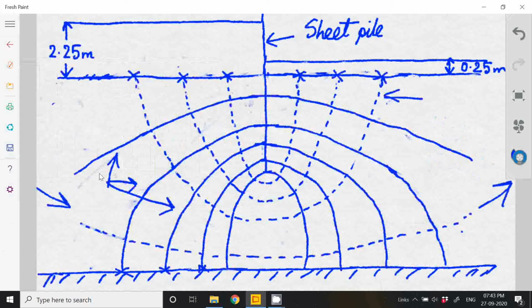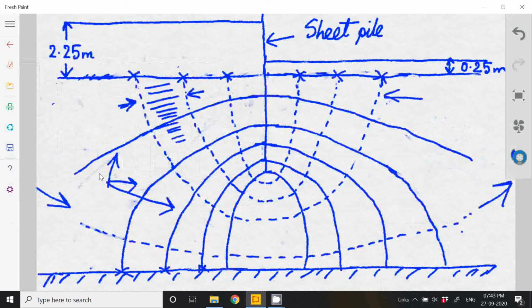So between any two flow lines, the area that is there is called the flow path. If we consider this flow line and this flow line, this area is called the flow path.